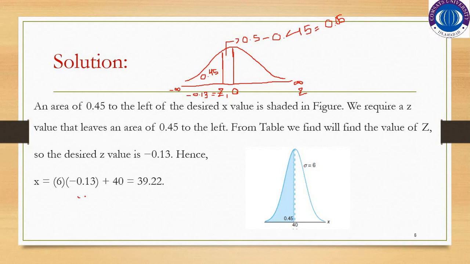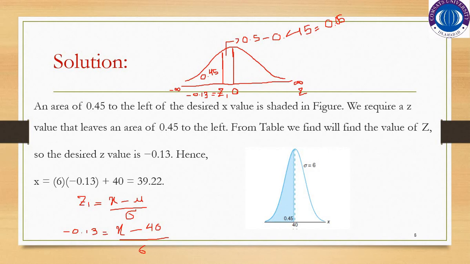So by using Z1 is equal to (X minus mu) over sigma, as Z is minus 0.13 and X is unknown which we want to find, and mu is 40 as it is given in the statement of the question, and sigma is 6.